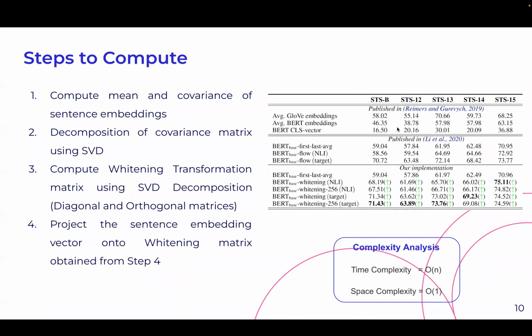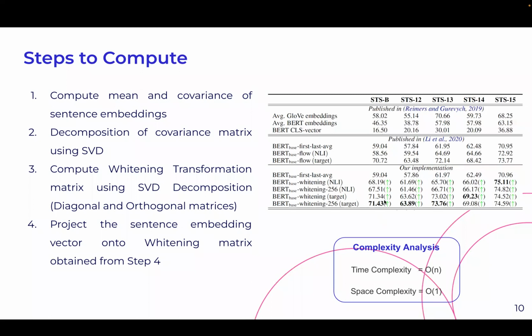These are some of the benchmarks that are published in the research paper. Here you can see Spearman's correlation, or whatever the scores you are seeing in this particular table, and STS is the semantic textual similarity task. For this task, you can see how the numbers have improved after whitening the BERT-based sentence representations. The first one, GloVe embeddings, are static embeddings, and the second one is BERT-based embeddings, which are anisotropic.